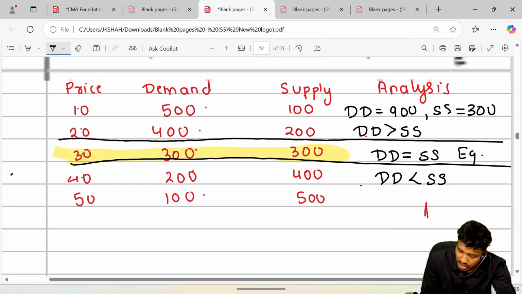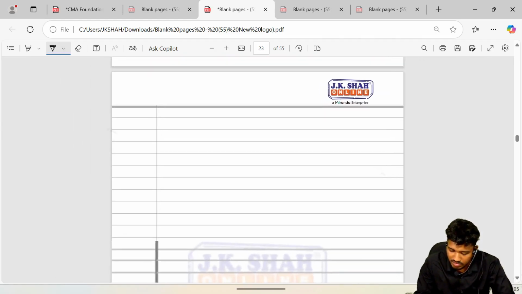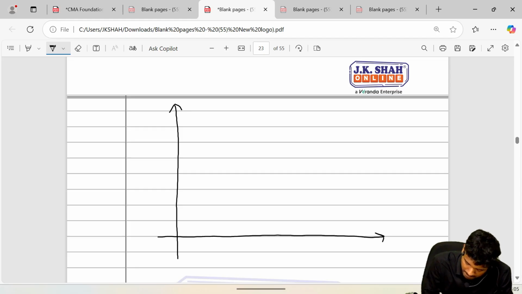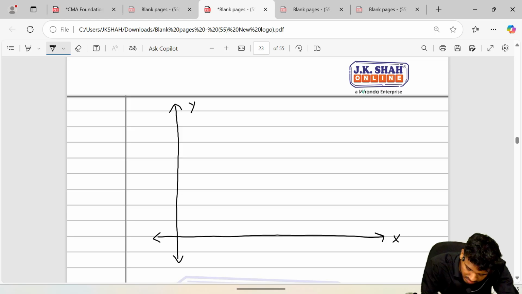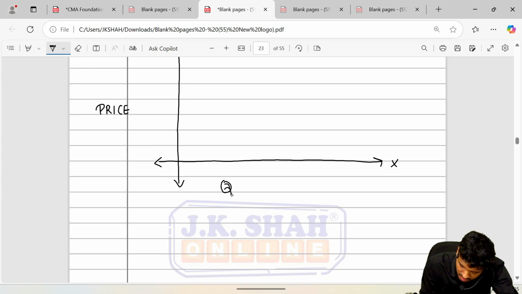So if we plot the same on a graph, it will come across like this. X and Y. So let's start. Price, quantity demanded and supplied.